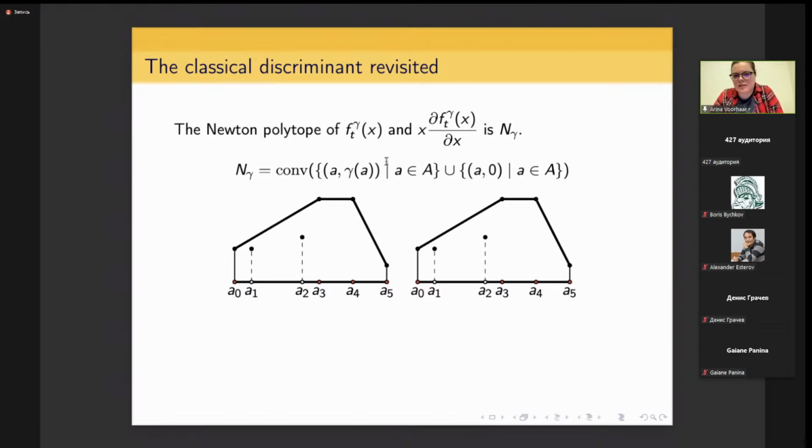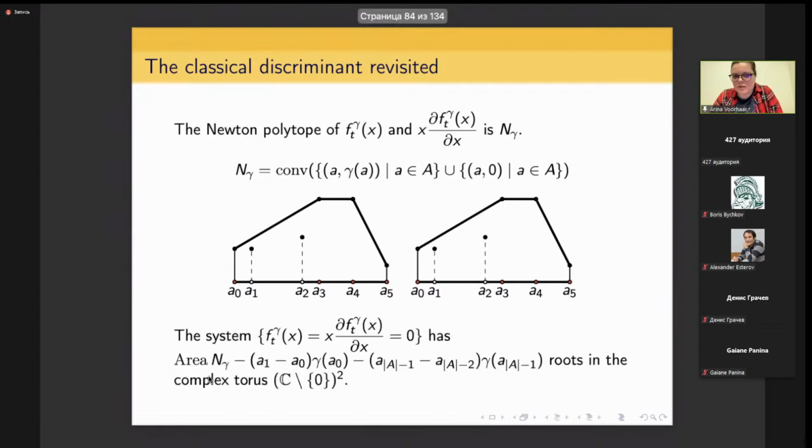As the other polynomial, we take its partial derivative with respect to x. Then, since we are using the logarithmic derivative, we get a system of equations that has the pair of the same Newton polytopes. And then we could try to use the Bernstein-Kushnirenko theorem to compute its number of roots, and that would be what we want.